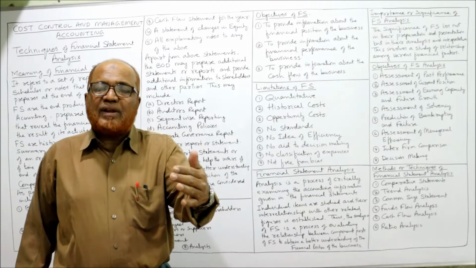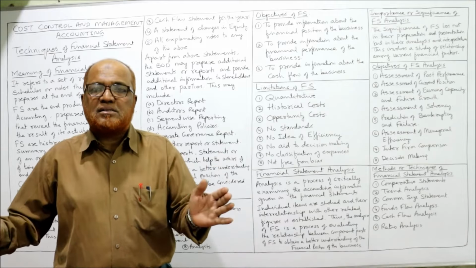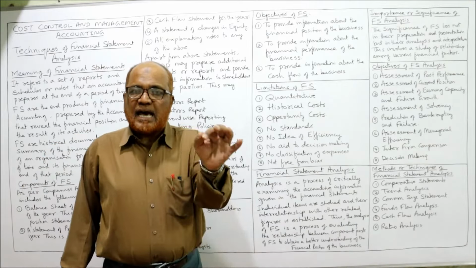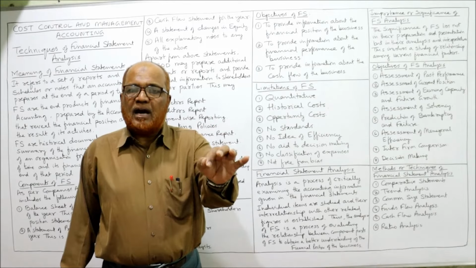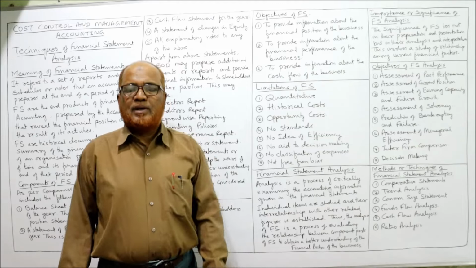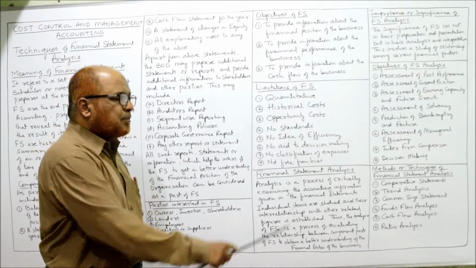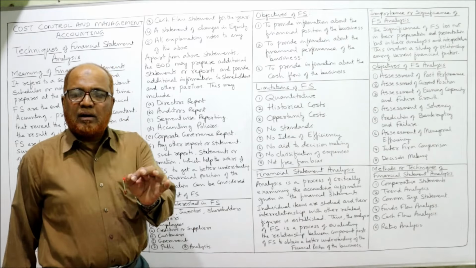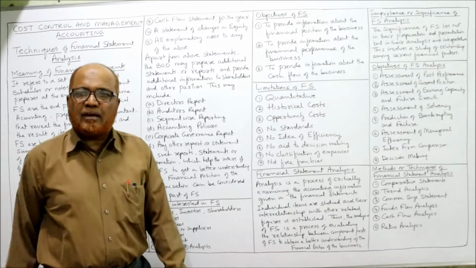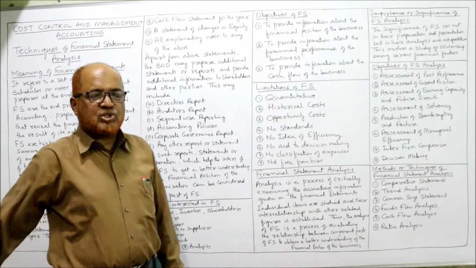After preparing the financial statements, the next step is to analyze and interpret. So analysis and interpretation will be done only after making the financial statements. So what is this financial statement analysis? Remember, analysis is a process of critically examining the accounting information given in the financial statements.